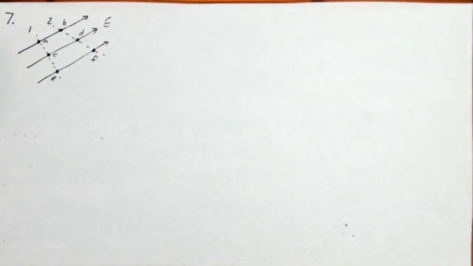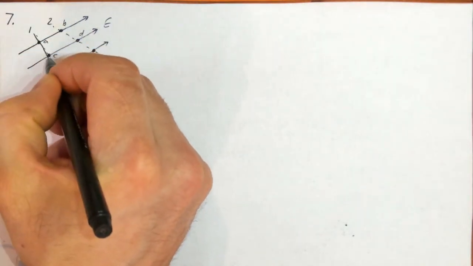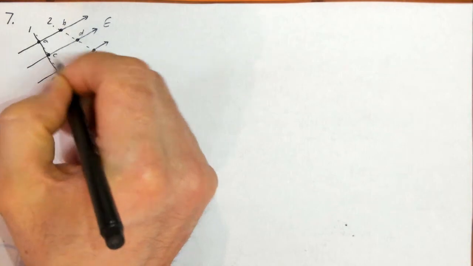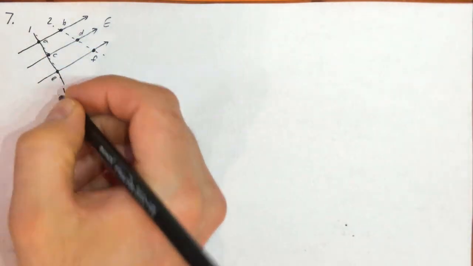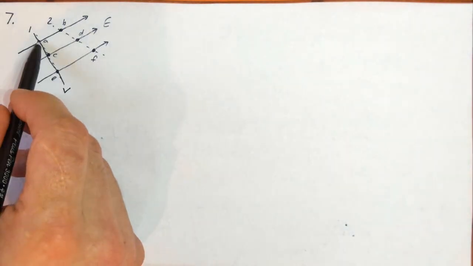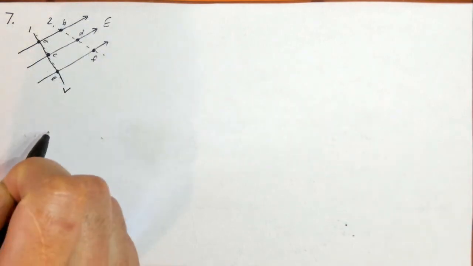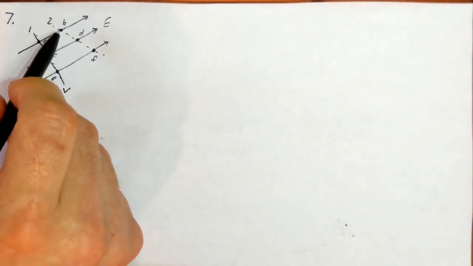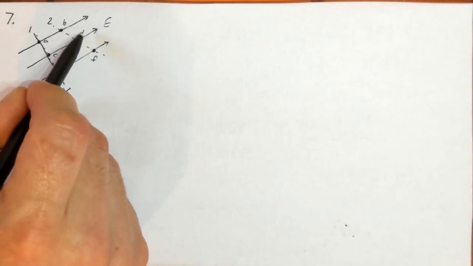And in fact, we could say that this line right here, since it's perpendicular to all these fields, must be some equipotential line. It's some constant value. So if it's 0 volts here, it's 0 volts here and 0 volts here because it's perpendicular to those electric field lines. Now we can't say it about this line because this line is not perpendicular to those.